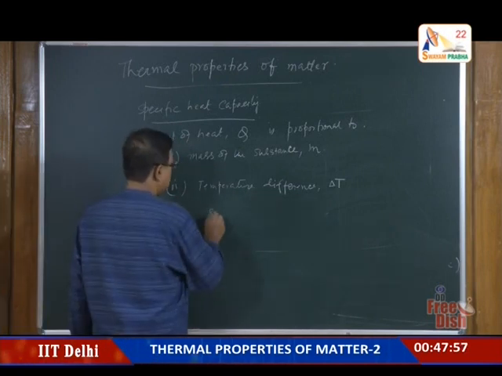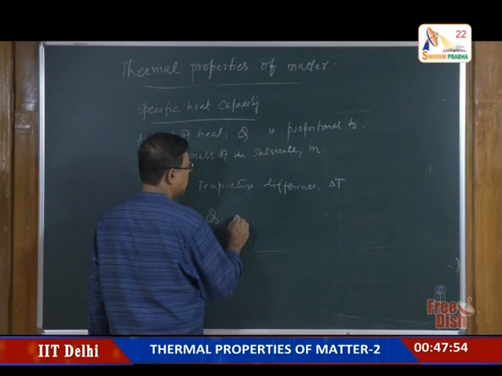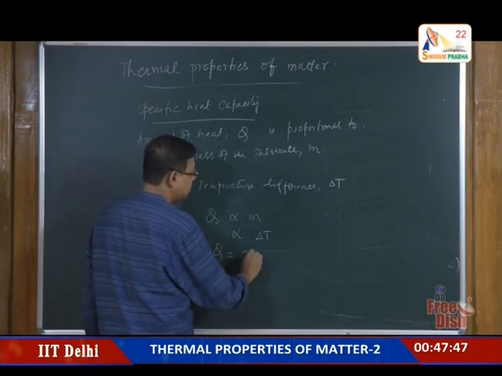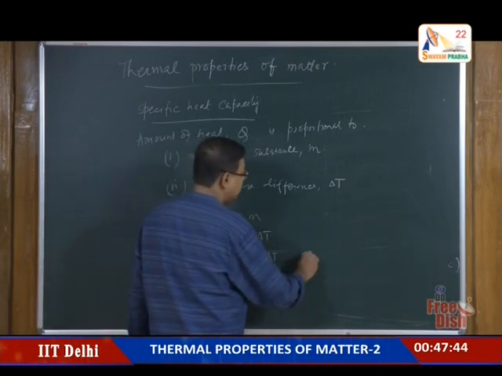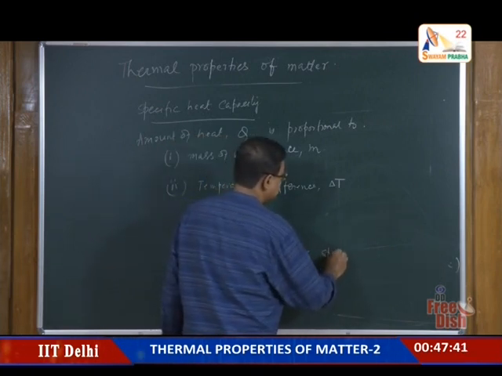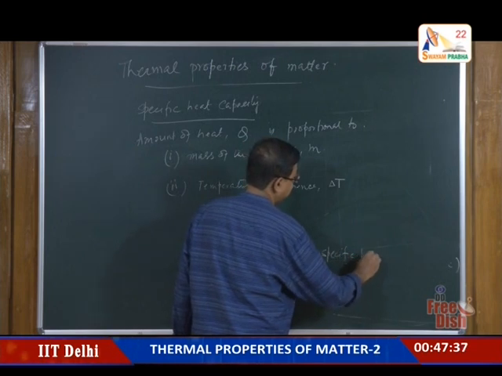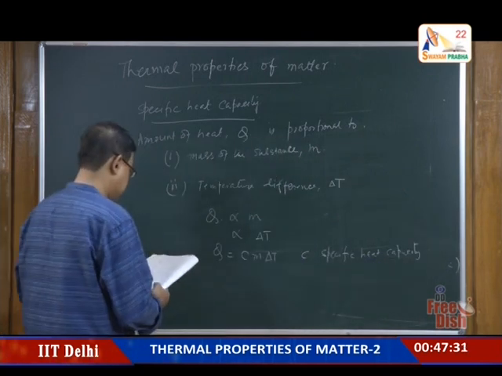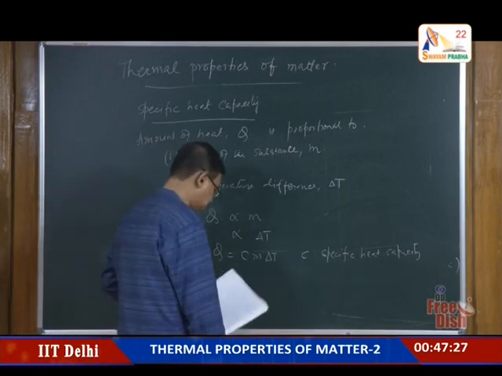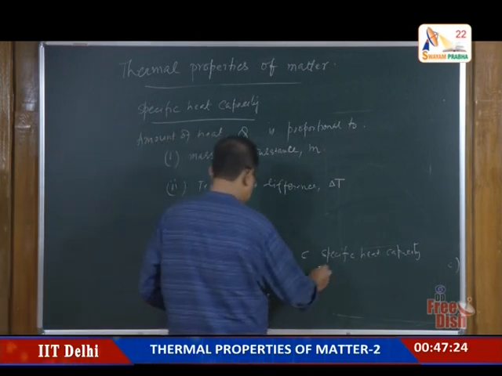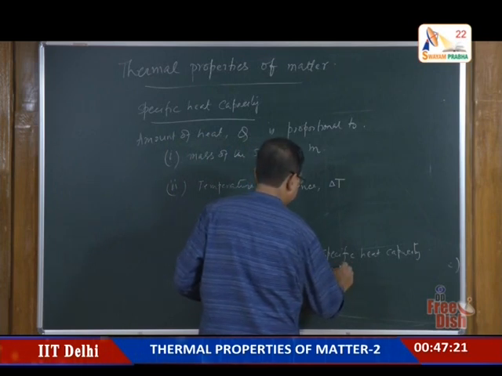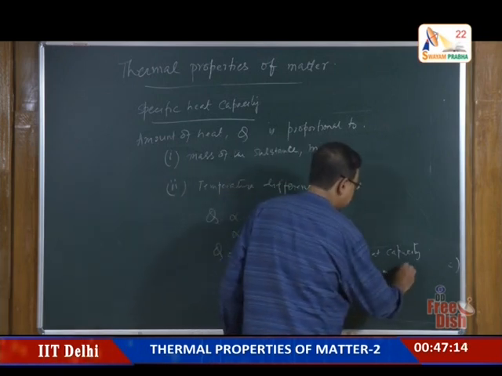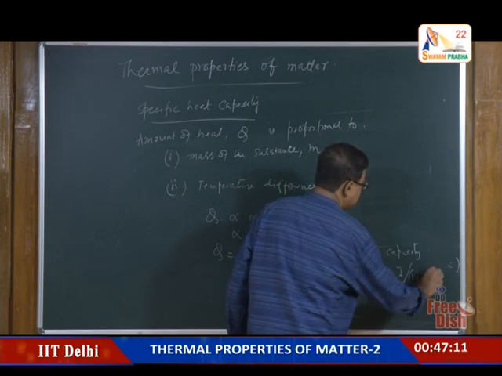And so Q can be written as proportional to m and proportional to delta T. So Q is equal to C m delta T, where C is the proportionality constant and is called the specific heat capacity, which of course has a value, or rather the SI unit is expressed in joule per kg degree centigrade.